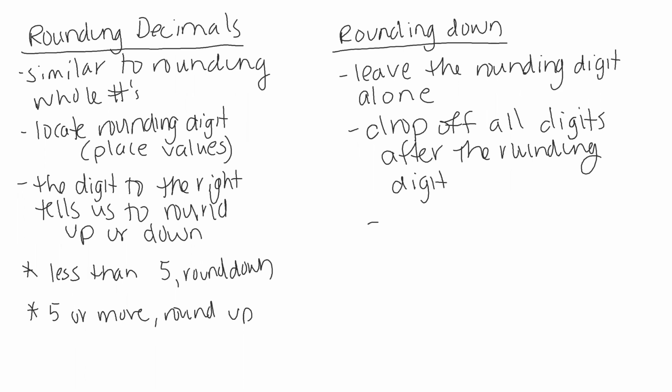When you're dealing with whole numbers, you wouldn't drop off the digits after the rounding digit; you would make them all zeros. That's really the only difference. Instead of making all the digits after a certain point zeros, you just drop them off.